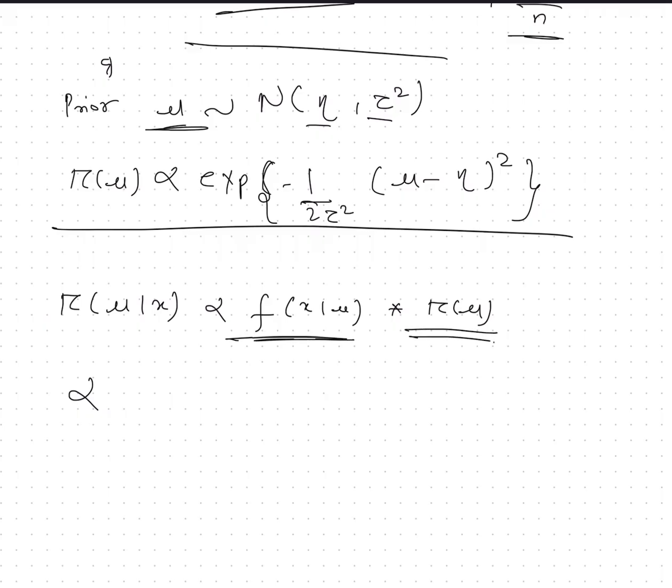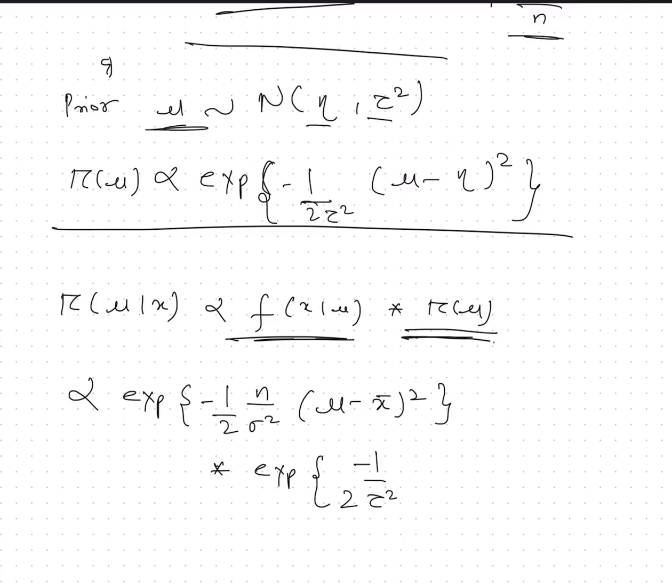So we will combine these: exponential of minus 1 upon 2 sigma square by n, multiplied by mu minus x bar square, into the prior of mu, that is exponential of minus 1 upon twice tau square multiplied by mu minus eta bracket square.